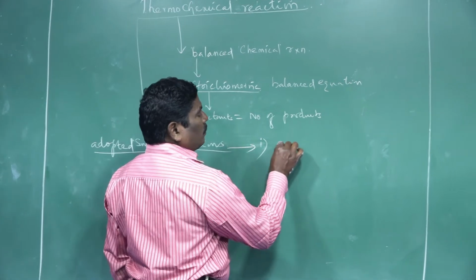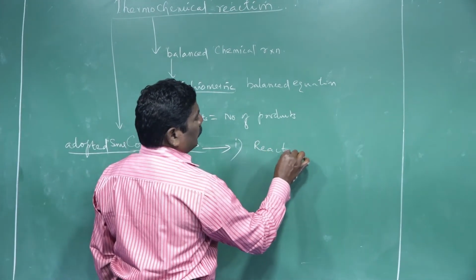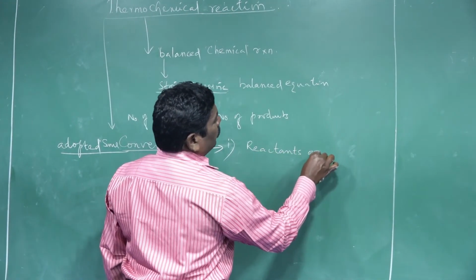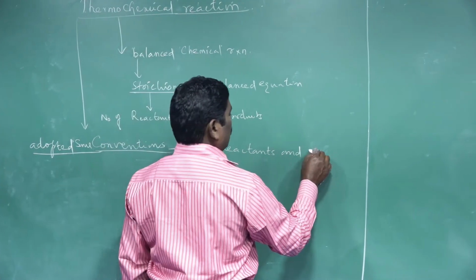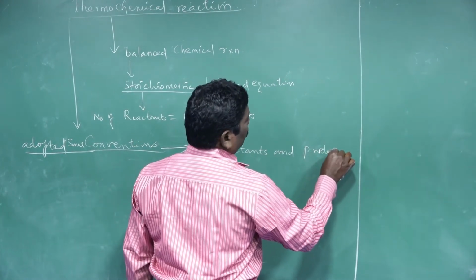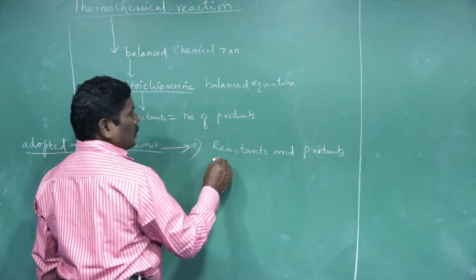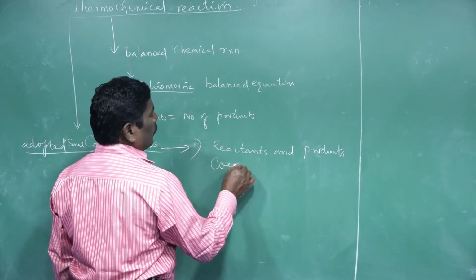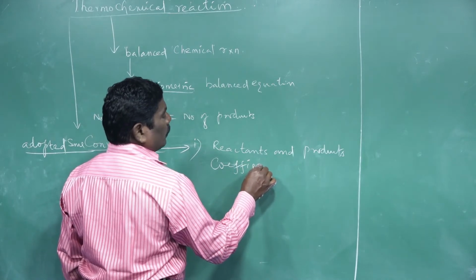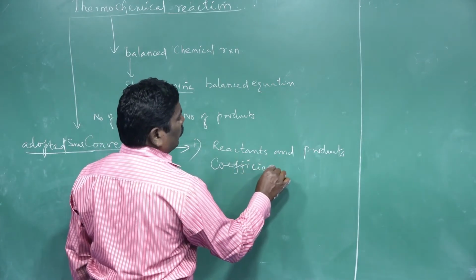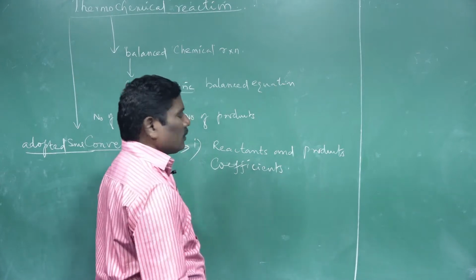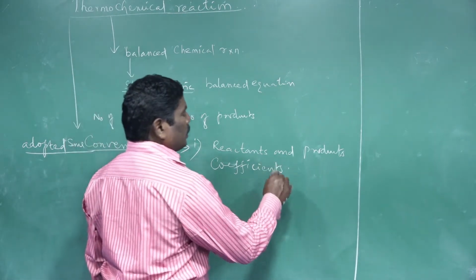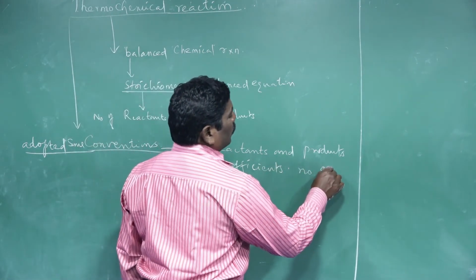The reactants and the products and their coefficients are to be written in the form of number of moles.